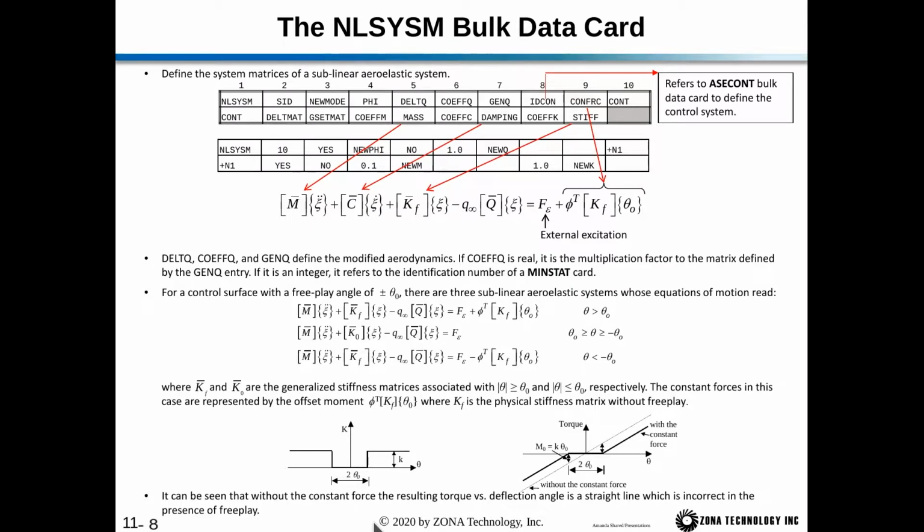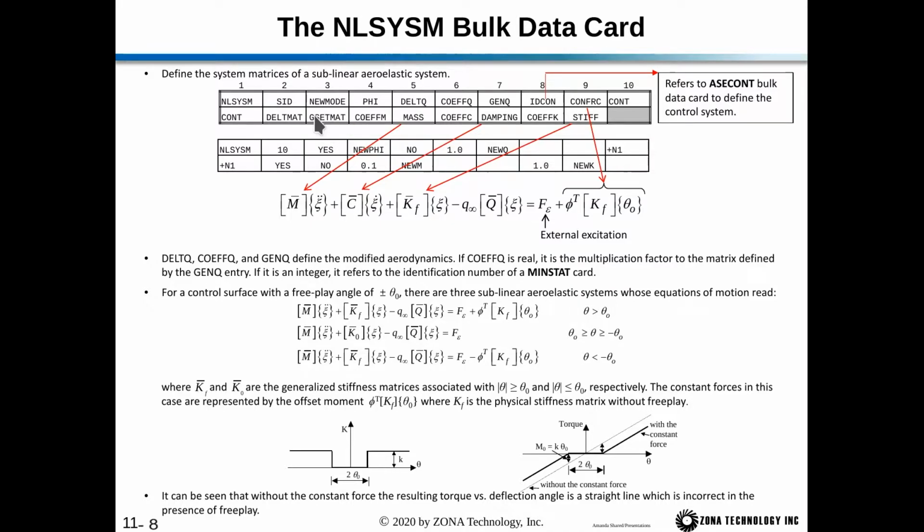Now, without the constant force, the resulting torque theta diagram would have a discontinuity. We would have this line, and then this straight line, and then this line, and that would be incorrect. So once again, with the Freeplay, you have to have this constant force to create this piecewise continuous torque theta curve.